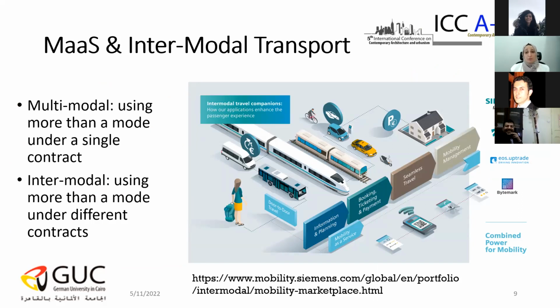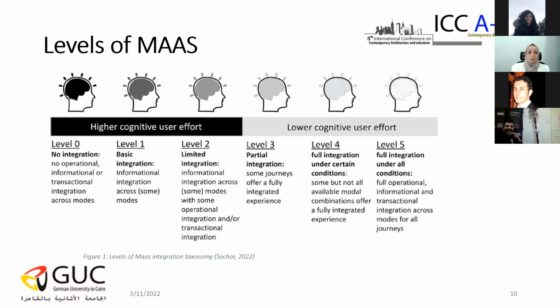Because we have problems that not all areas of the network are covered by all means of transport. So sometimes if you are going to use public transport, you need to plan your trip ahead between one or more than one mode of transport.